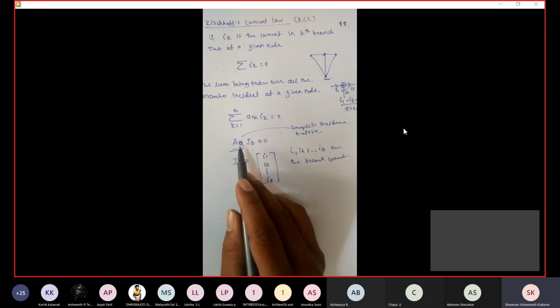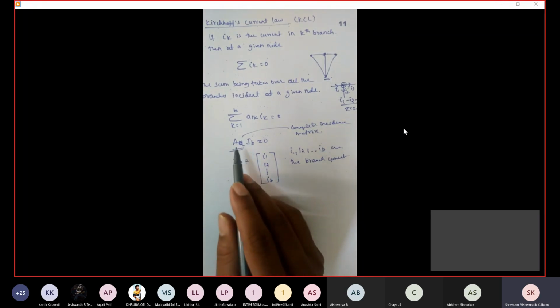If we eliminate any one of the rows, we get capital A, the reduced incidence matrix.